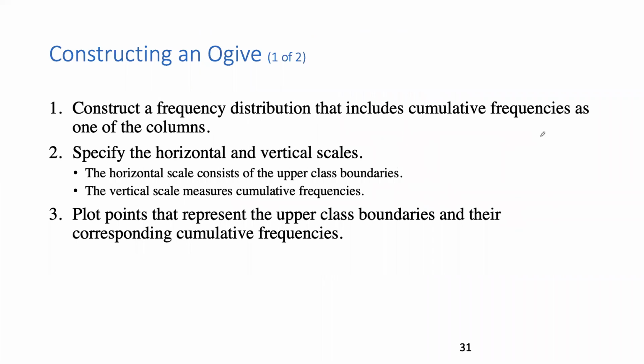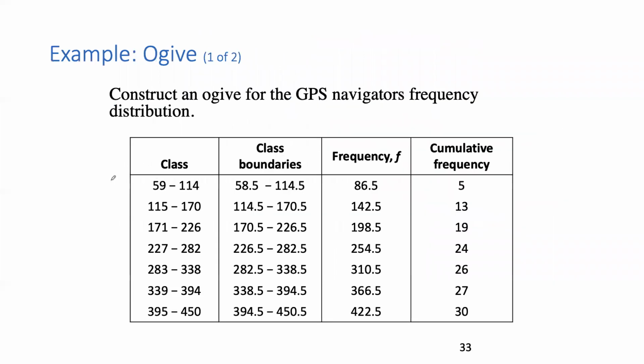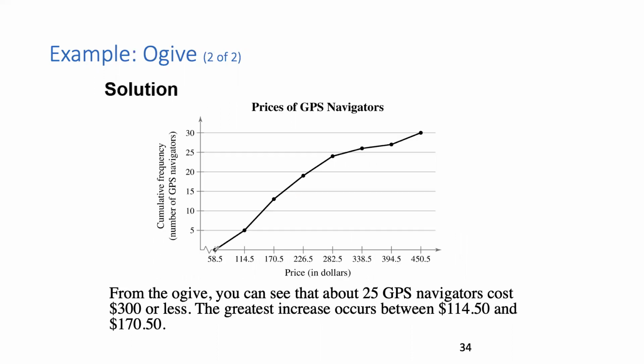So here we have our usual data set that we are already using. We have these class boundaries that we have constructed. By the time I've hit 114.5, which is the upper class boundary of the first class, the cumulative frequency is 5. I've seen 5 of the data entries. By the time I hit 170.5, I've seen 13 of these data entries, and that's what I have here.